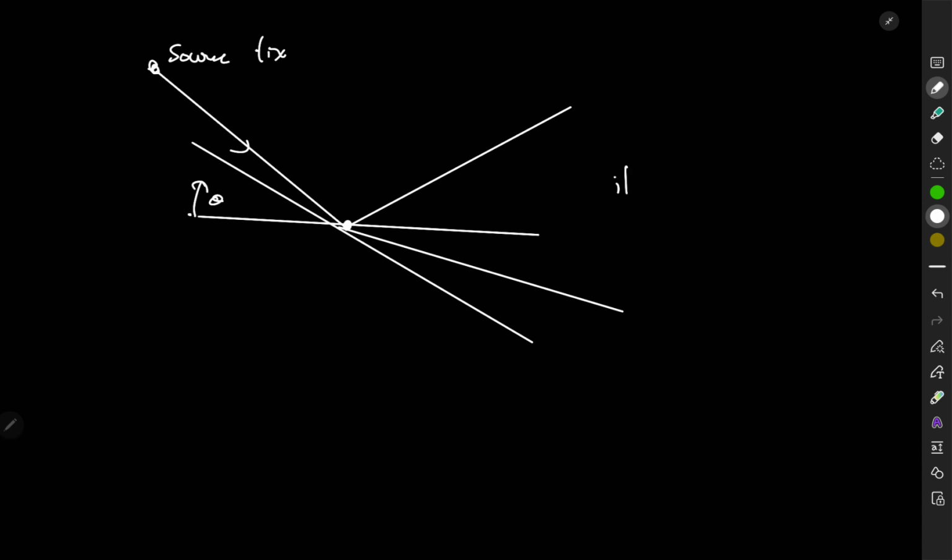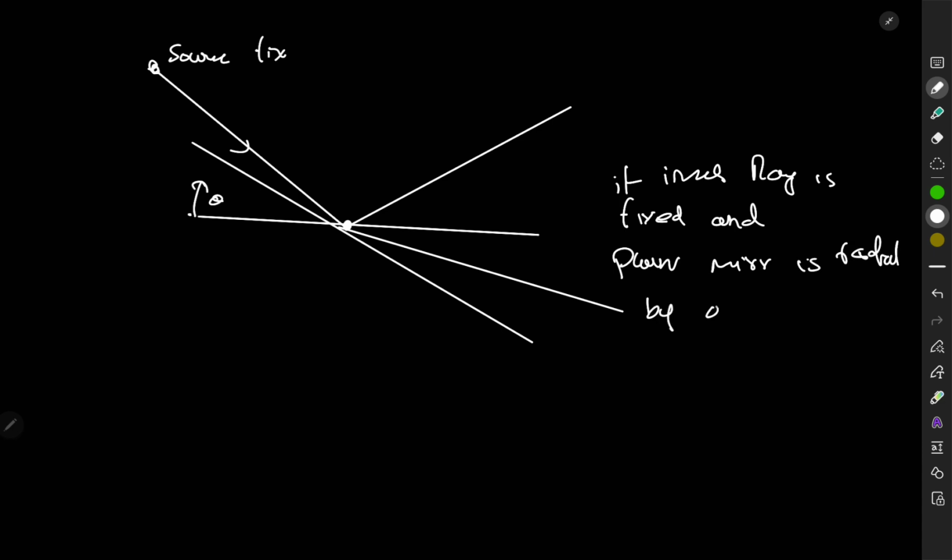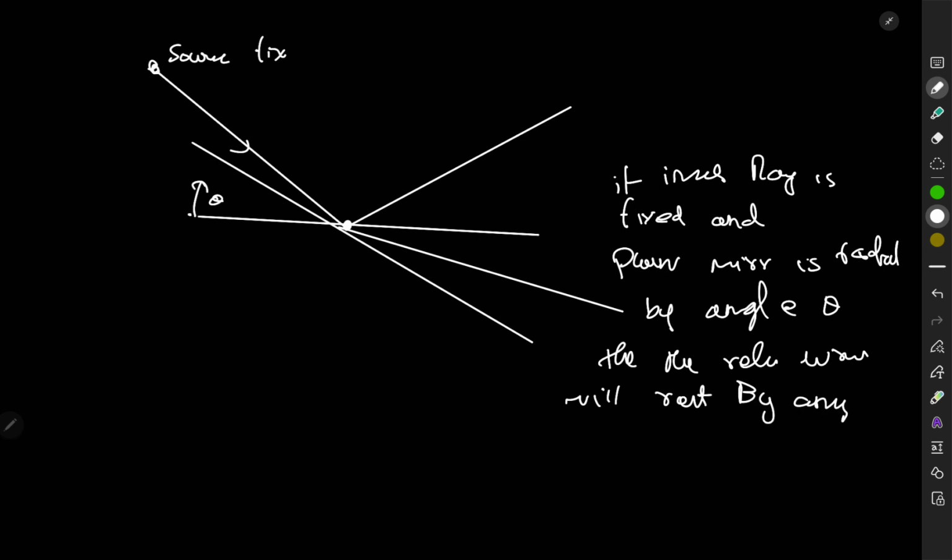If the incident ray is fixed and the plane mirror is rotated by angle theta, then the reflected ray will rotate by angle 2 theta.